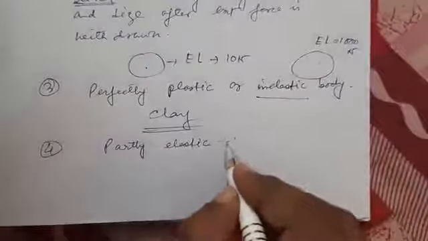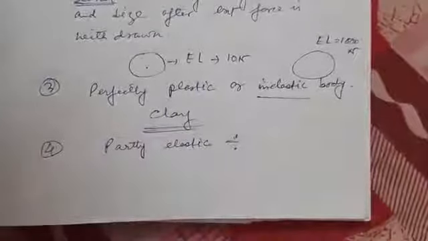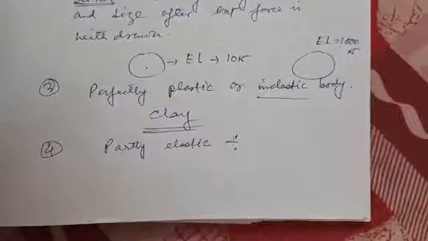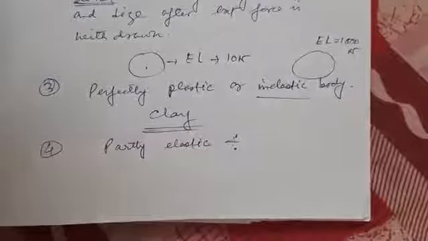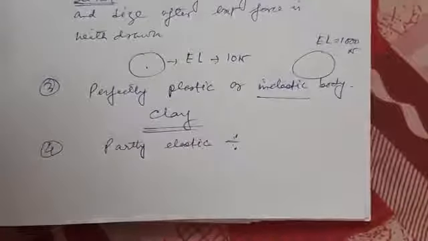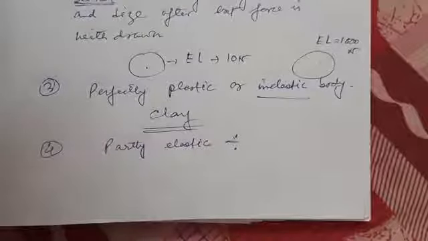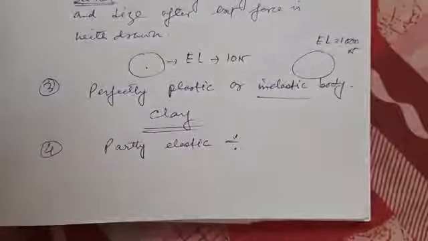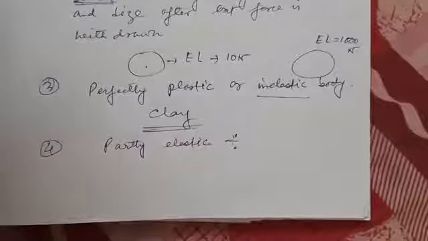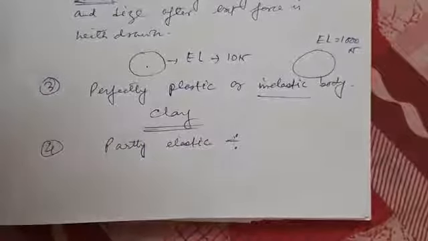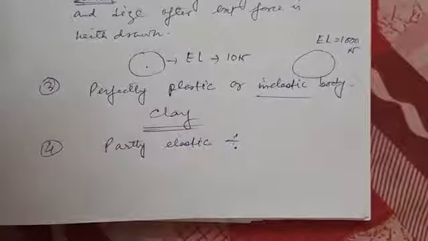Now the fourth one is partly elastic. The maximum amount of materials that we handle every day in our life are all partly elastic. That means after the withdrawal of external forces, the deformed body only partially regains its original shape and volume. Practically all materials can be treated as partly elastic.